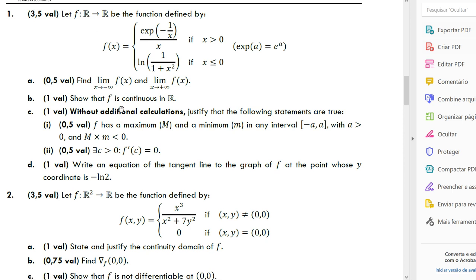Okay, but we begin with the last one. Write an equation of the tangent line to the graph of f at the point whose y coordinate is minus ln of 2. Oh, okay, we have to see where minus ln of 2 is on those two, right?